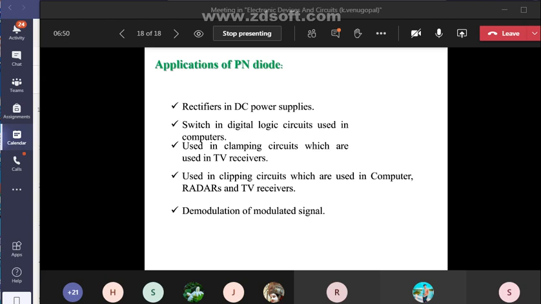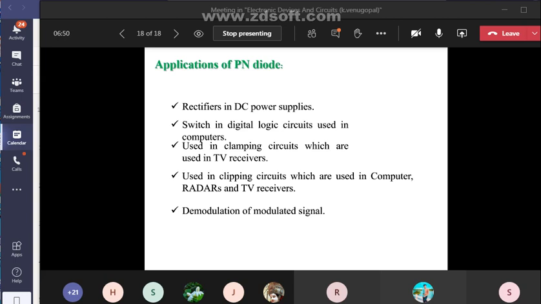Next, switch in digital logic circuits used in computers. The PN junction diode can be used as a switch. It has two states, off state and on state. If the diode is conducting, that is the on state. If the diode is not conducting, it is the off state.